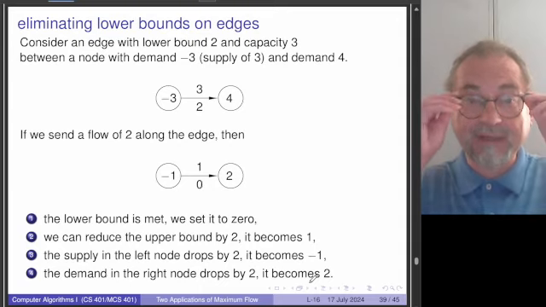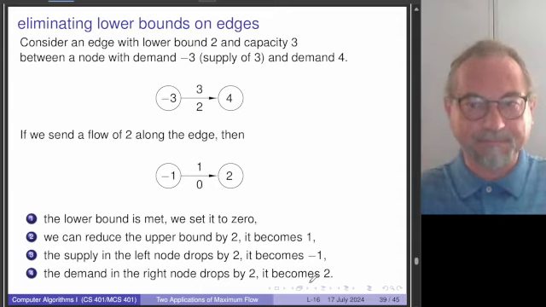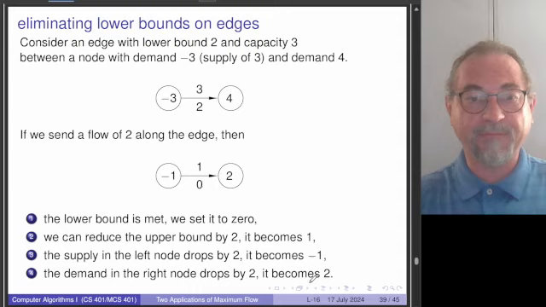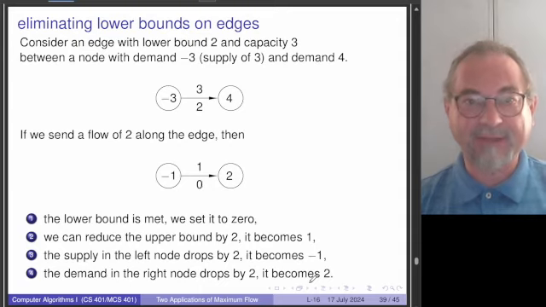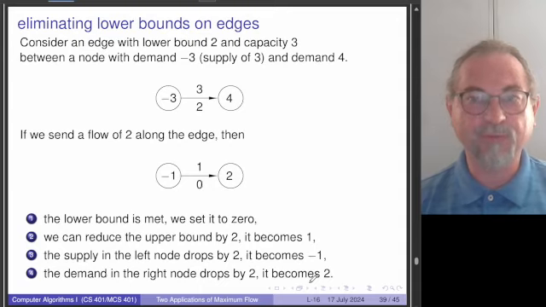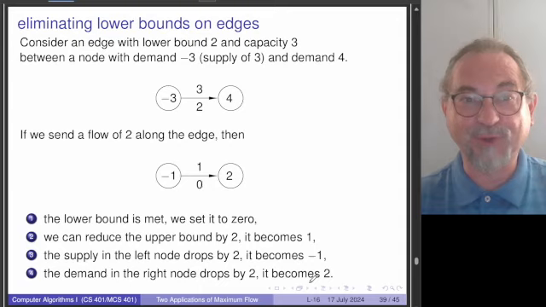It also decreases the demand at the destination by 2. So we go from 4 to 2, from -3 to -1. So this is a reduction that we claim will actually reduce the problem to a problem with demands and no lower bounds. So it works.